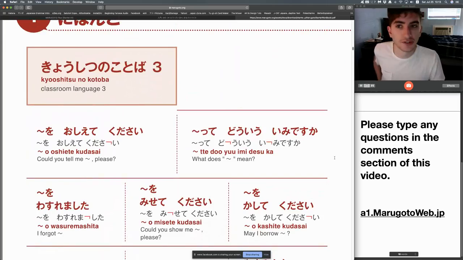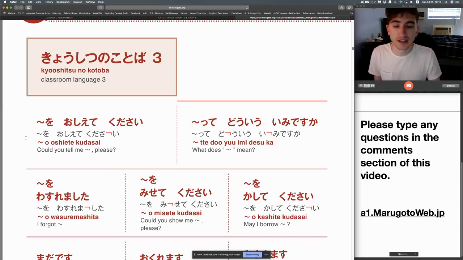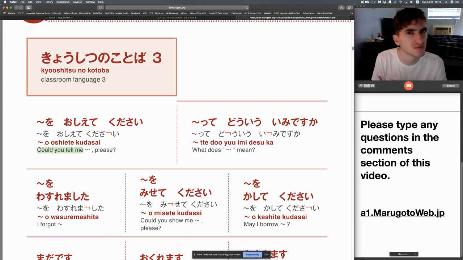And we're going to finish vocabulary with classroom language 3. This will be the last one today. Here are some useful phrases that I really think you should write down. Could you tell me blank, please? This is a very polite way of saying, could you teach me this? Could you tell me what this is?